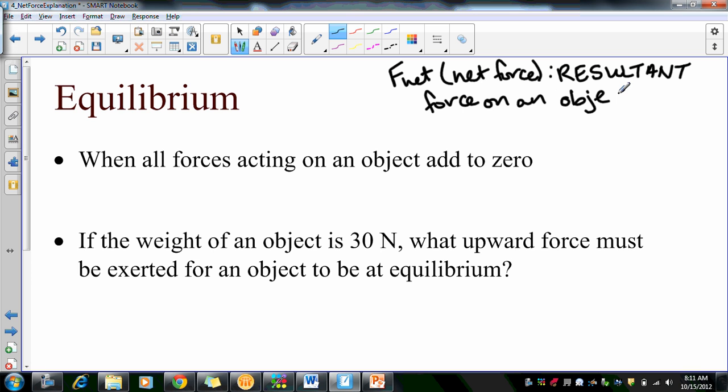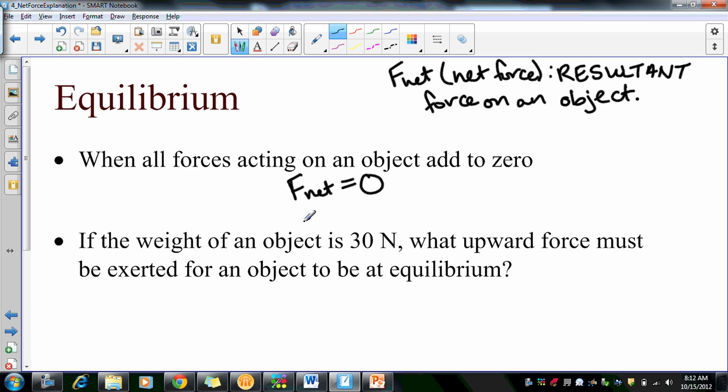This is whenever you do your vector addition on all forces acting on it, and whatever is left over is your net force. So when all forces acting on it add to zero, that's your equilibrium. If the forces add to zero, then your F net is zero. So at equilibrium, your F net is equal to zero.